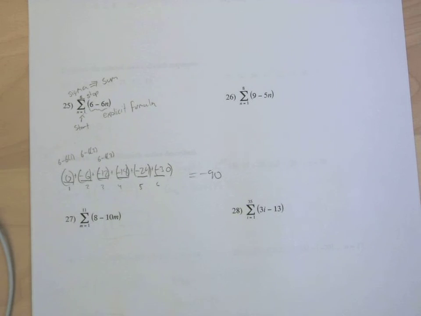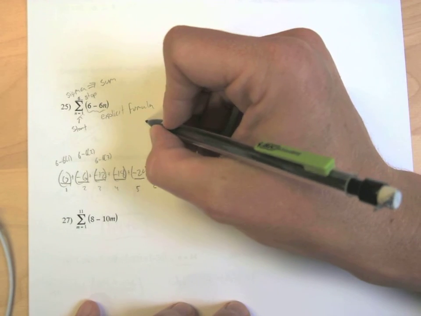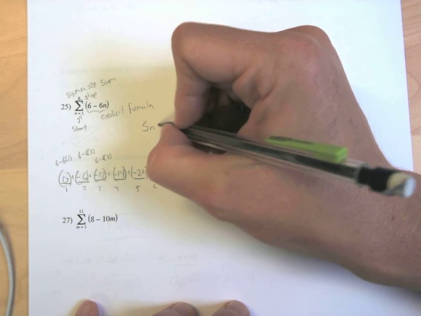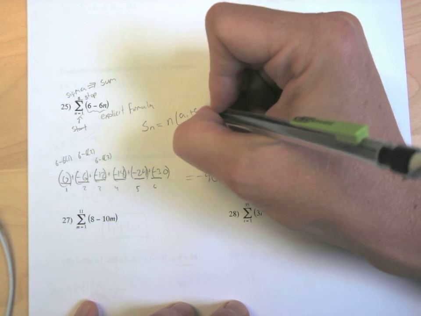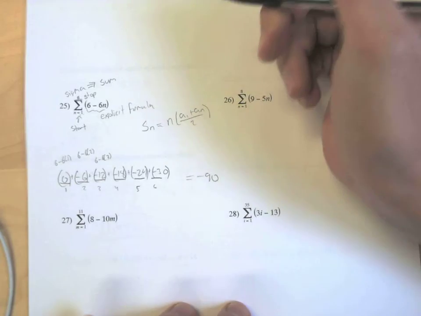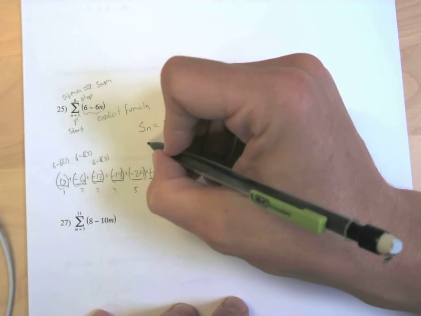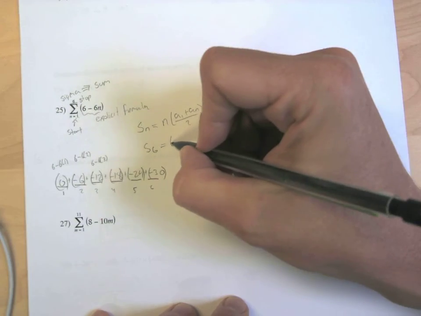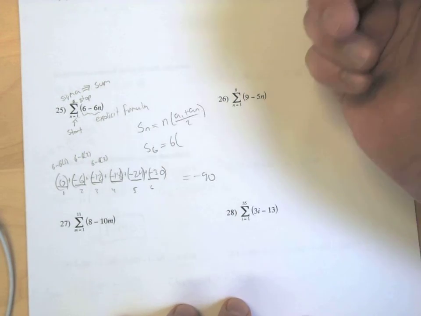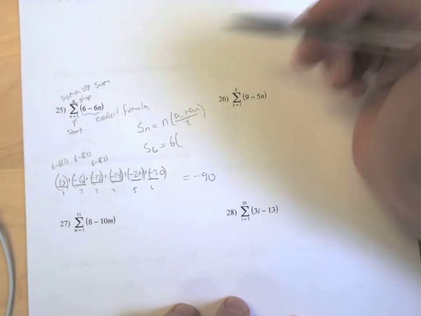Is there an easier way to do it? Of course. We can use our sum formula, right? So we know Sn is equal to n times (a1 plus an) over 2. So the same idea. The sum of 6 terms is equal to 6 times. Now all we need to do is find out the first term and the last term.